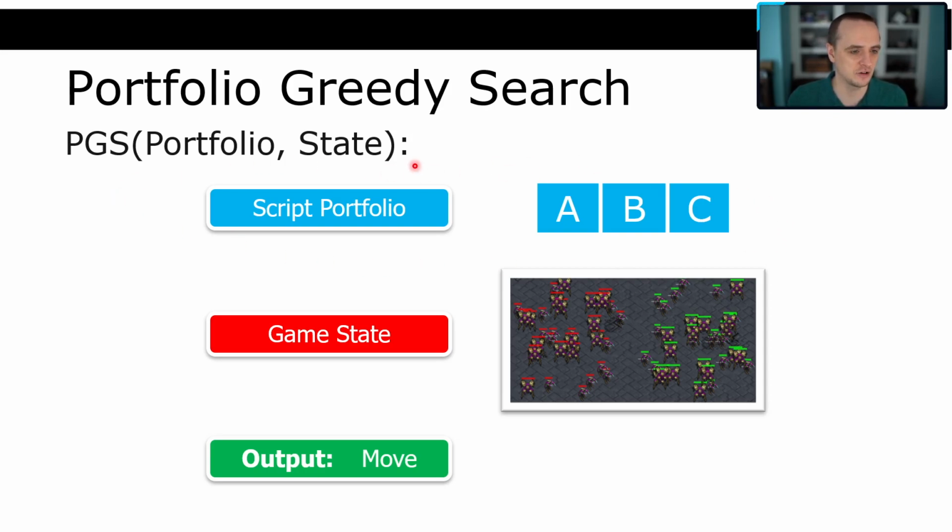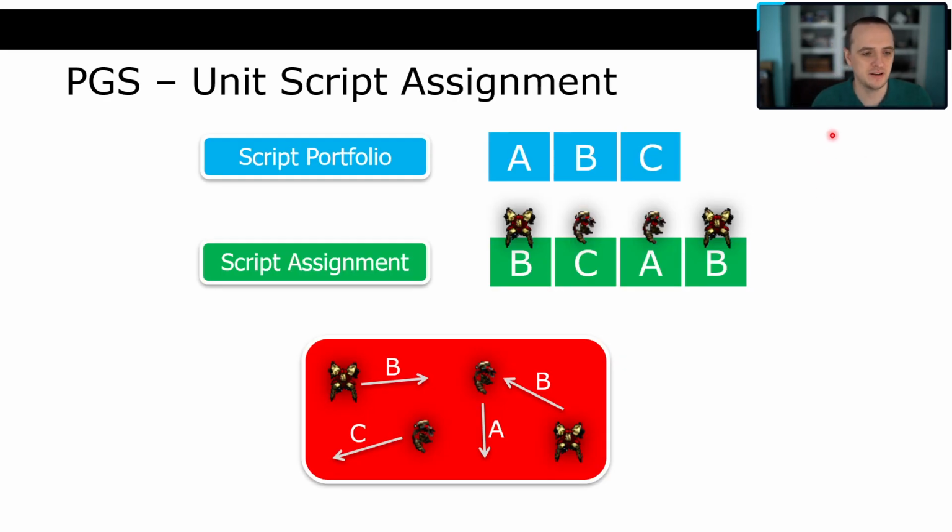So the first step in this algorithm, PGS, is that it takes in a portfolio of functions, and those functions guide your units. They're scripted solutions. Then it takes in a game state, like the current game state that I want to make an action on, and the output of this function is the move that you want to perform. It's a greedy hill climbing algorithm that instead of deciding on individual actions for each unit, iterates over possible assignments of scripted actions to each unit.